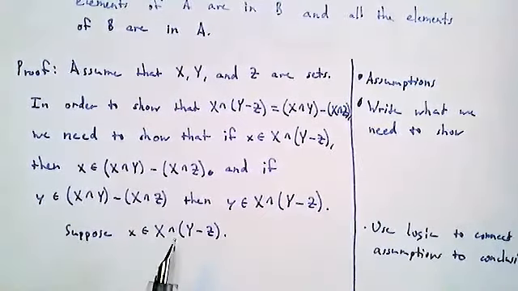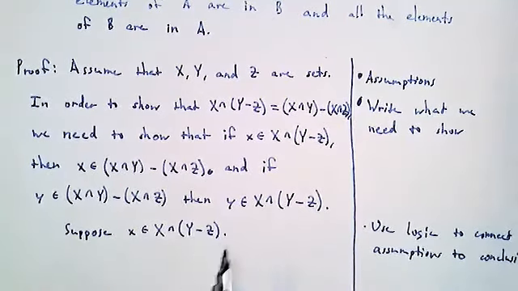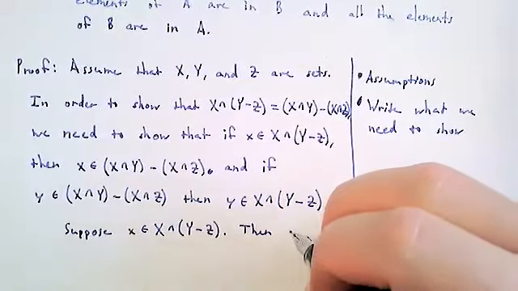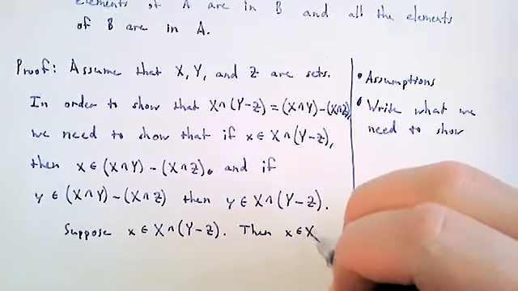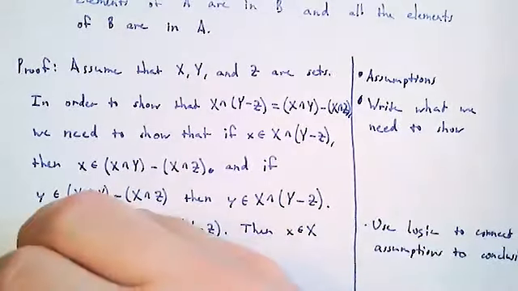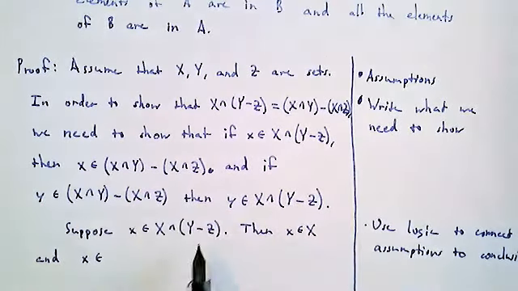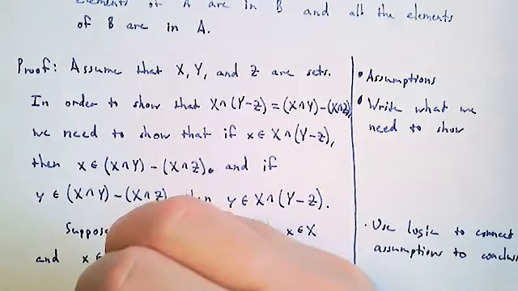Then we have to remember what an intersection means. If x is in an intersection, that means it's in both this set and that set. So then x is an element of capital X, and x is an element of y minus z.